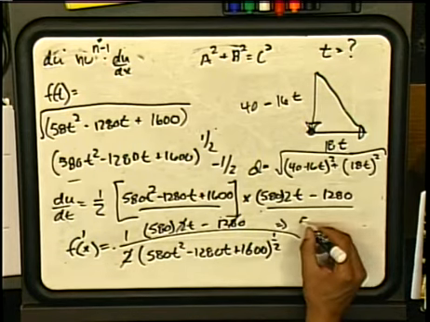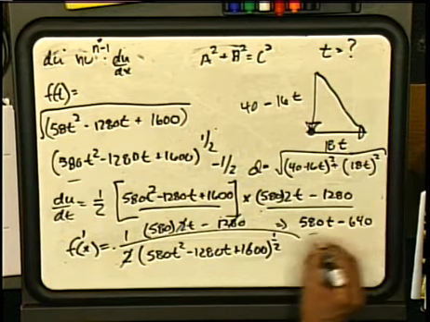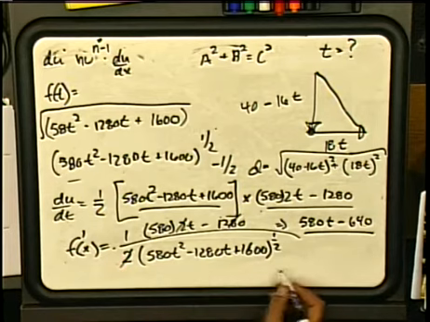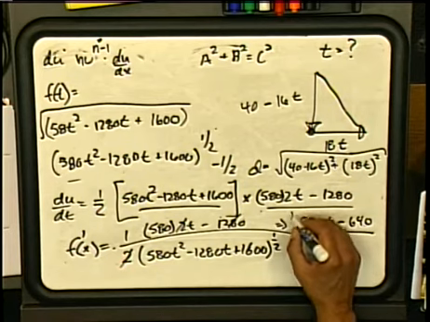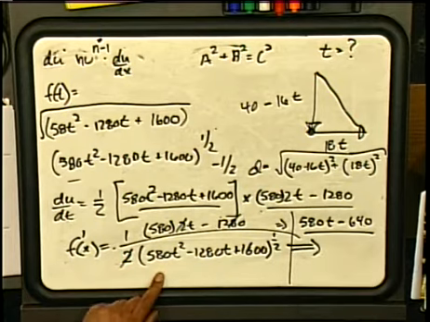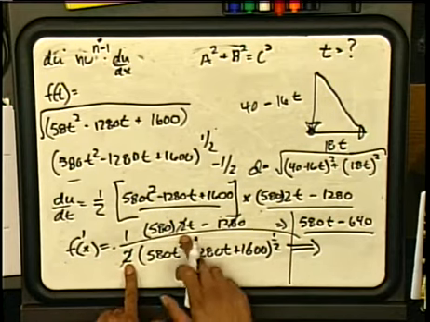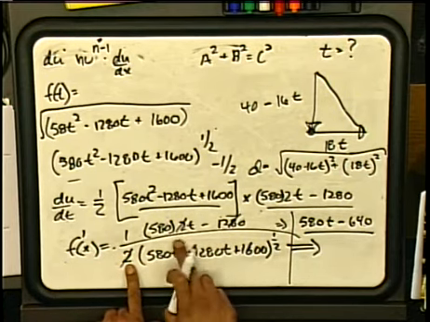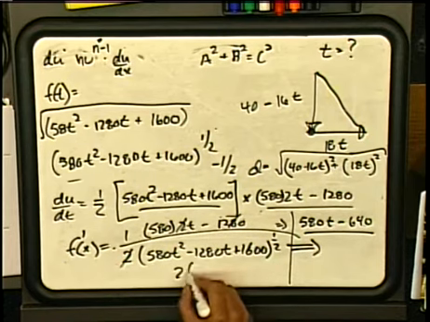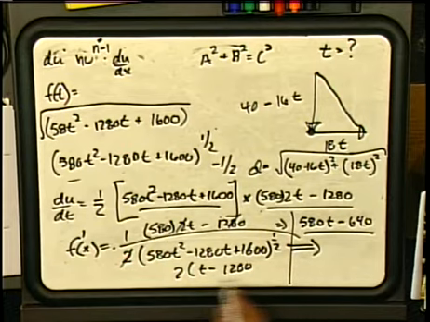So on the top, you're left with 580t minus 640 over this. So how'd you get 640? You see where the twos canceled out right here? Yeah. It cancels out right here also. Gotcha. 1 and 1.